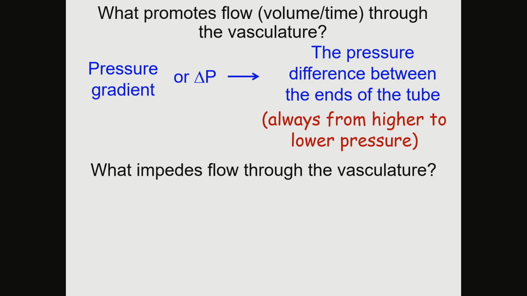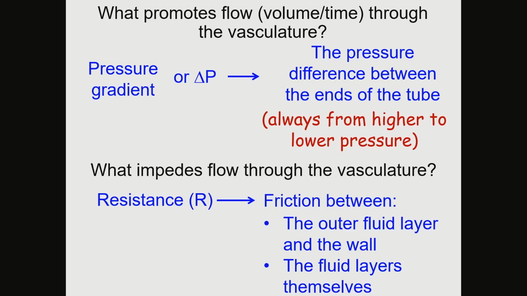But there is a big thing that impedes the flow of blood through our vasculature, and that is resistance. Resistance is due to friction. It could be the friction between the blood and the wall of the blood vessel, or just friction within the layers of fluid themselves.